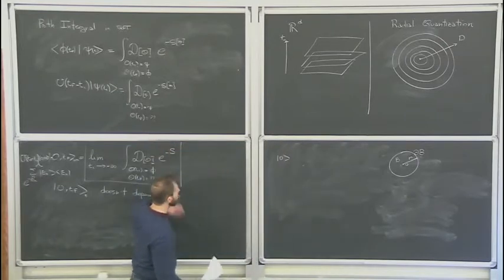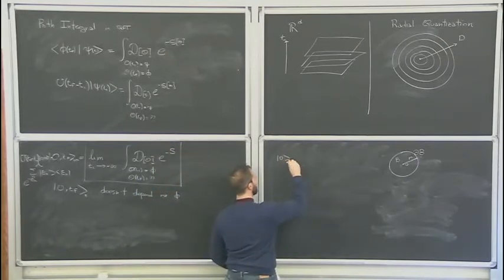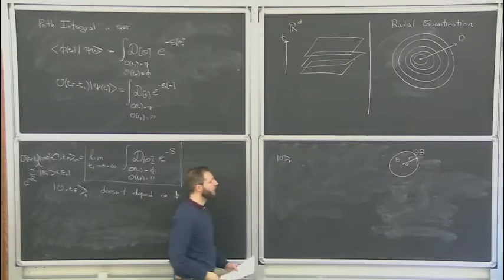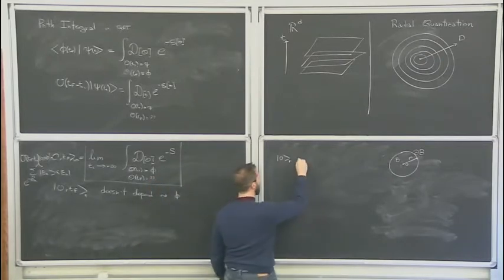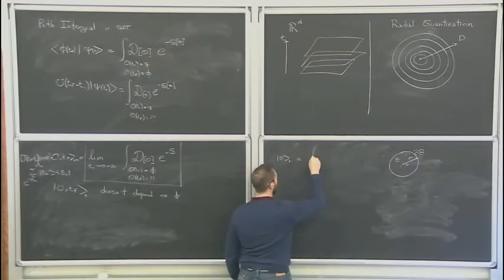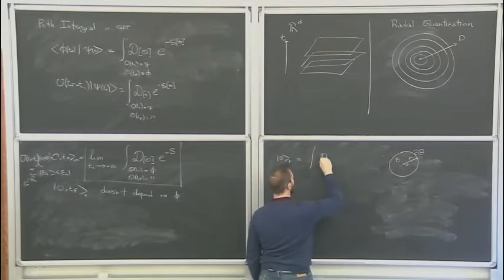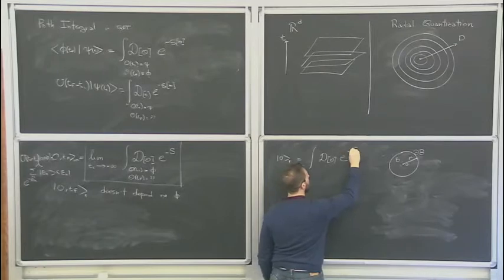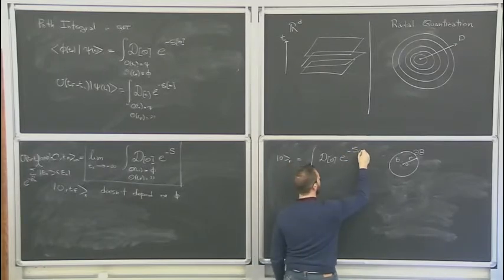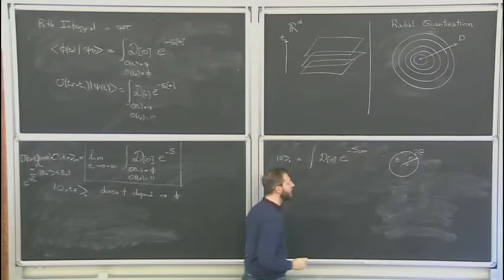Using this definition, we can define the vacuum at some radius r simply by taking the path integral of our field weighted with the action of the conformal field theory, whatever it is.